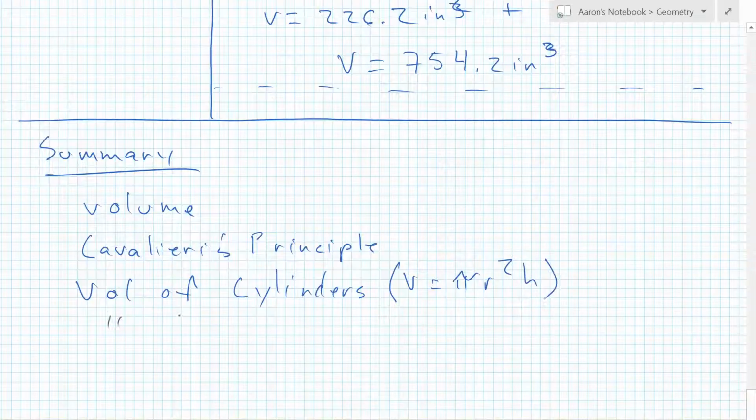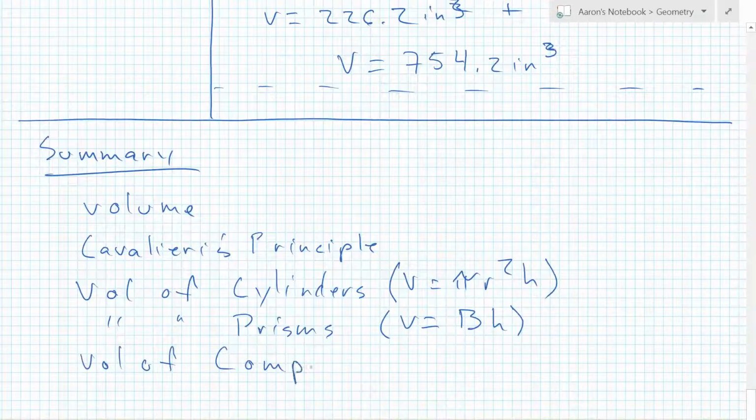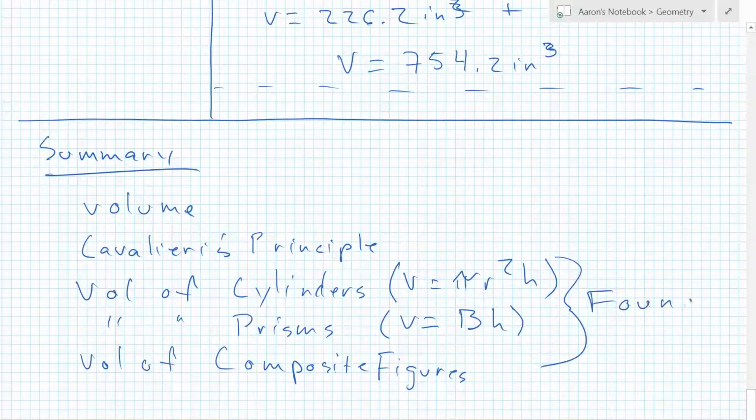We talked volume of prisms. V equals big B h. And we also talked volume of composite figures. And we found all three. So it was a pretty good day.